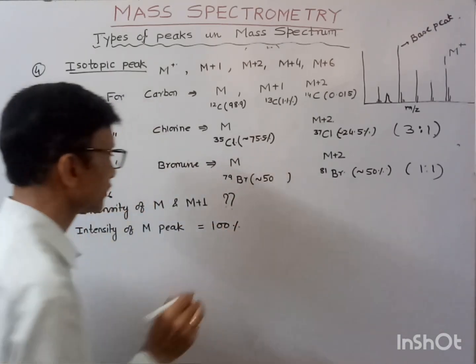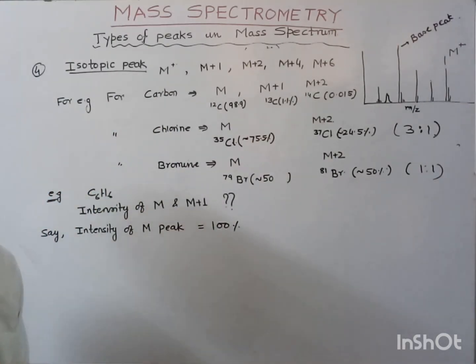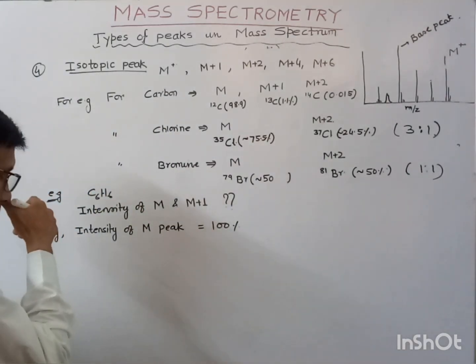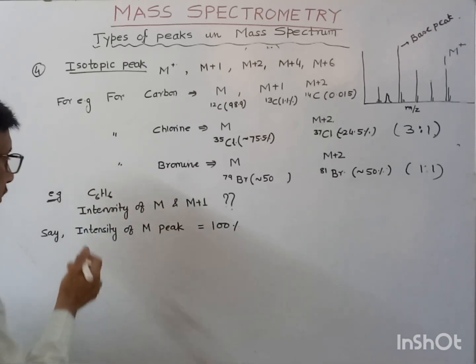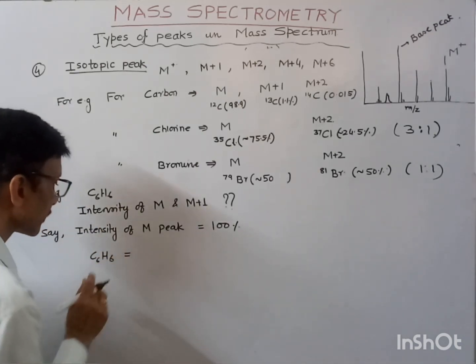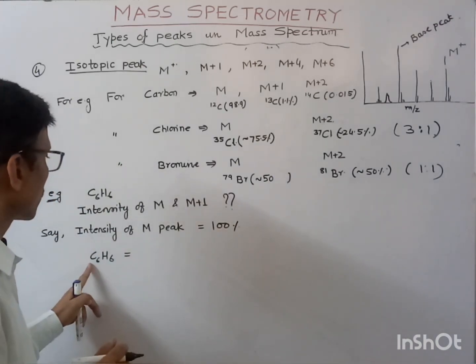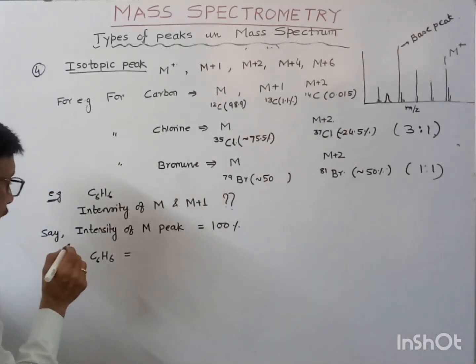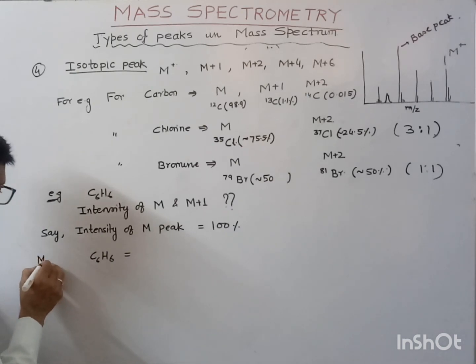It is 100%. Then what would be the intensity of the M plus 1 peak? So the intensity of the M plus 1 peak is calculated. Suppose I have C6H6, then for the M plus 1 peak, I have to find the intensity of the M plus 1 peak.